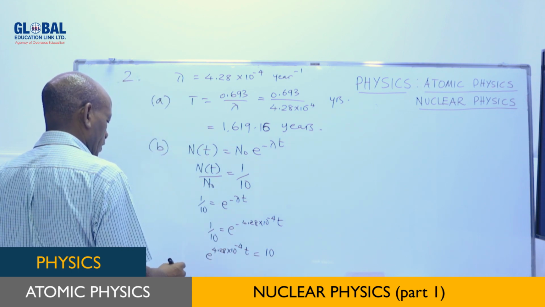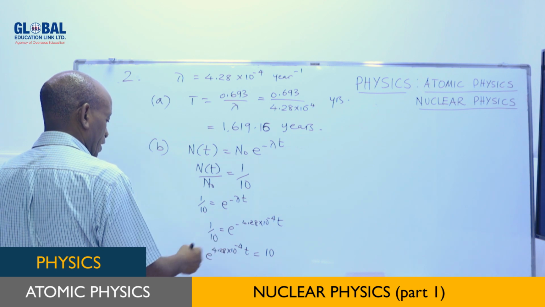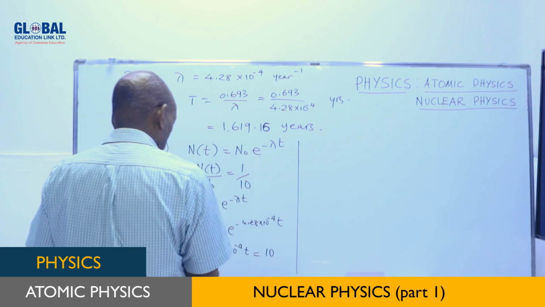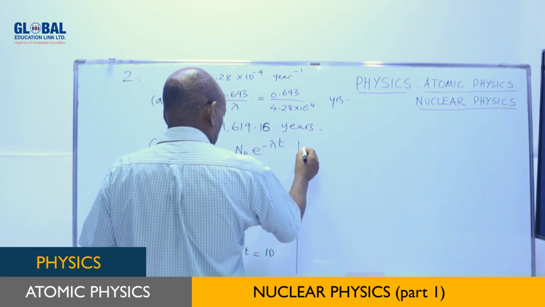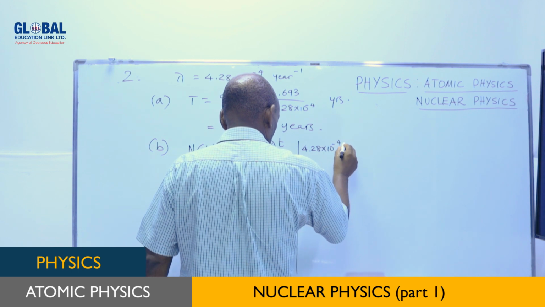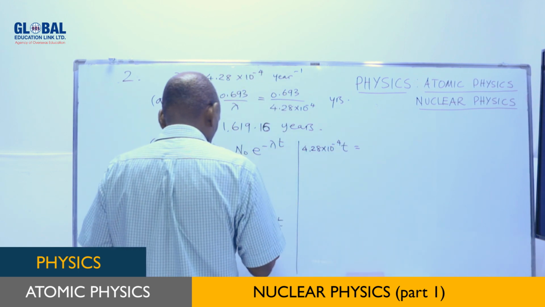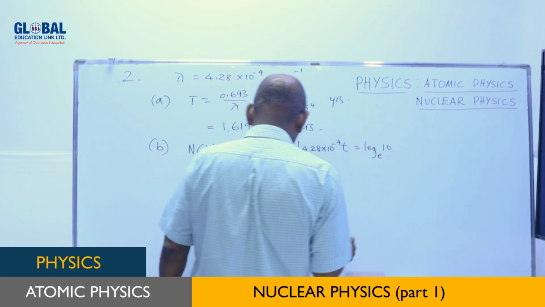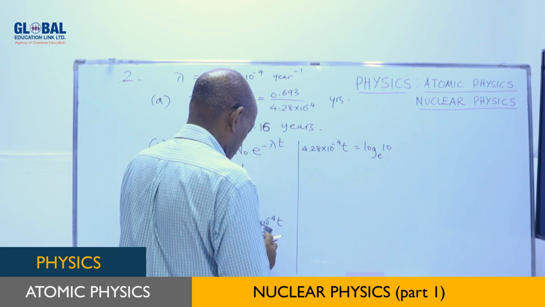If I take the natural log of both sides, then I will have 4.28 times 10 power negative 4 t equal to the natural log of 10.